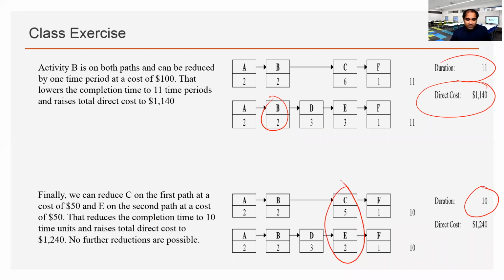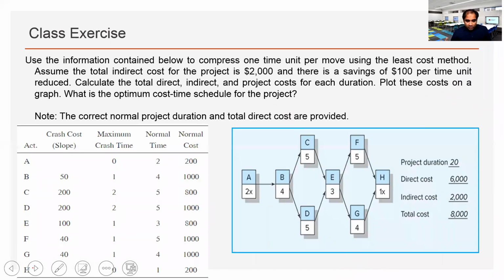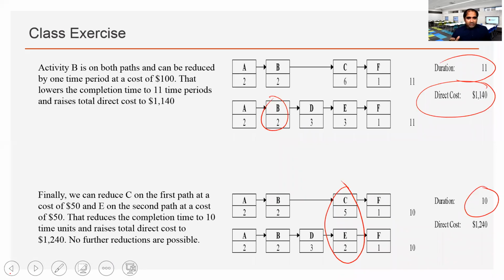All right, additional 100. So that's how we proceed by crashing each activity and by checking the numbers. The lowest possible duration is 10 days with the cost of this. If we plot a cost duration graph, we'll be able to find the optimum point.